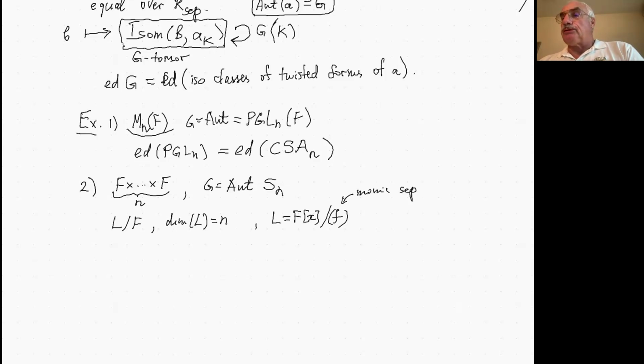It could be a field in particular. But in general, it's just the product of several separable field extensions of total degree n. Therefore, the essential dimension of S_n is just the essential dimension of the class of such separable algebras of dimension n.